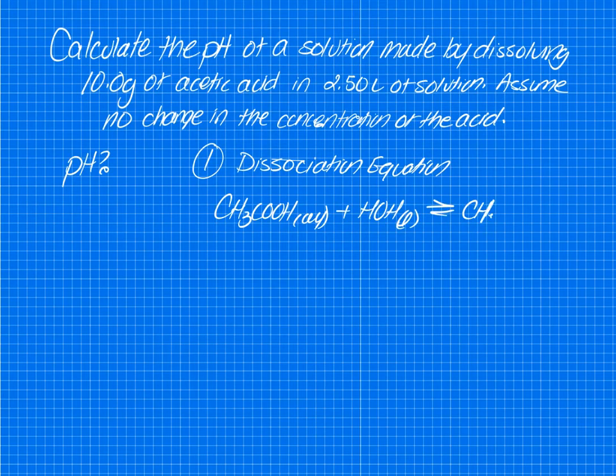And it loses a hydrogen to become this. And the water gains a hydrogen to become that. This is aqueous, that's aqueous. And then we're going to write out the expression.